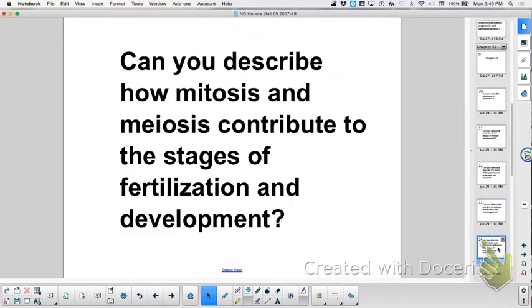All right. Can you describe how mitosis and meiosis contribute to the stages of fertilization and development? What would you tell me? Meiosis makes the gametes, which get together through fertilization to form a zygote. And then what do they do from then on? Mitosis. Does that make sense? Yes. Good job.